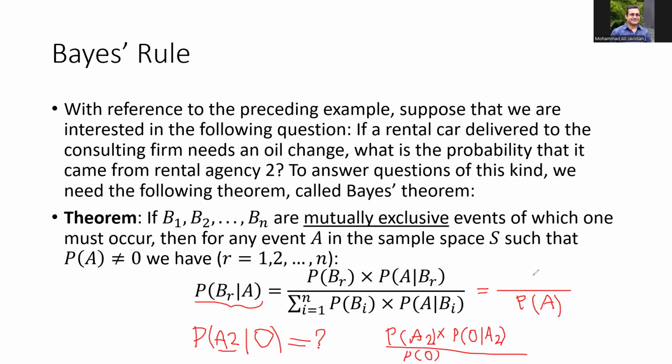So the numerator is only for the branch that we are interested in.